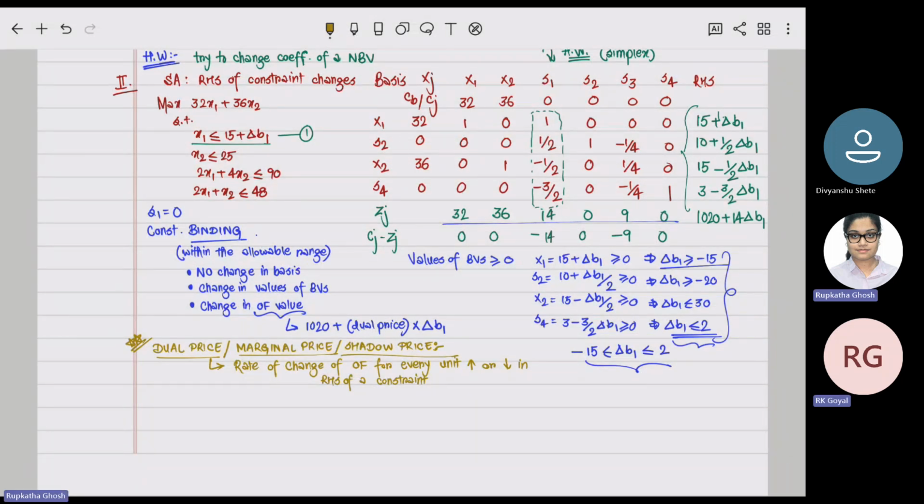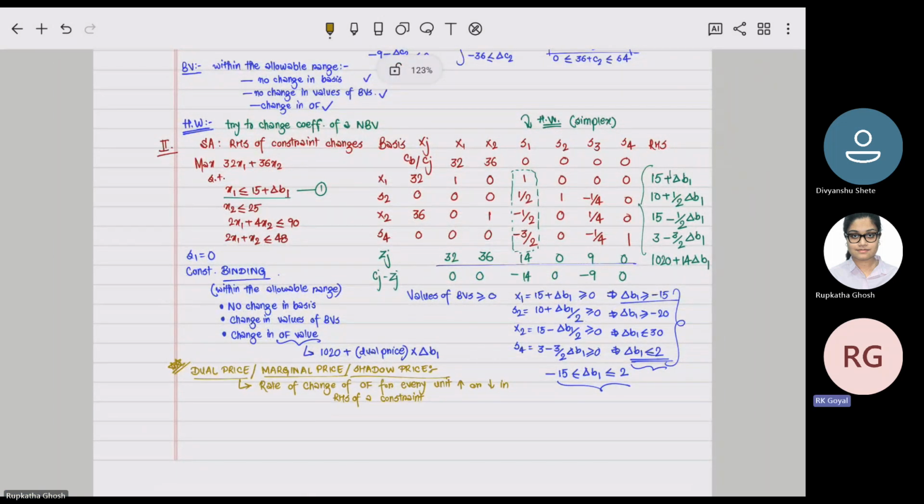Okay, or maybe I can solve another problem. Let's say this was a binding constraint, right? Let us try to change the right hand side of a non-binding constraint.